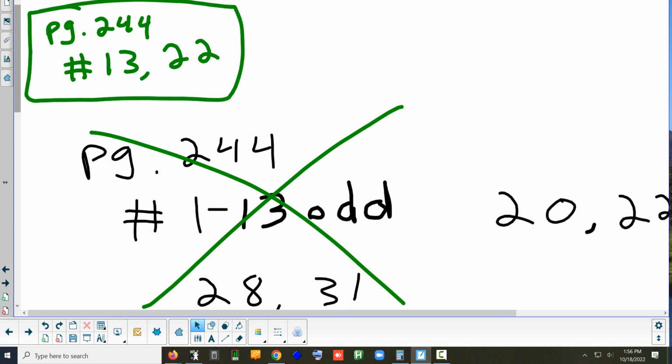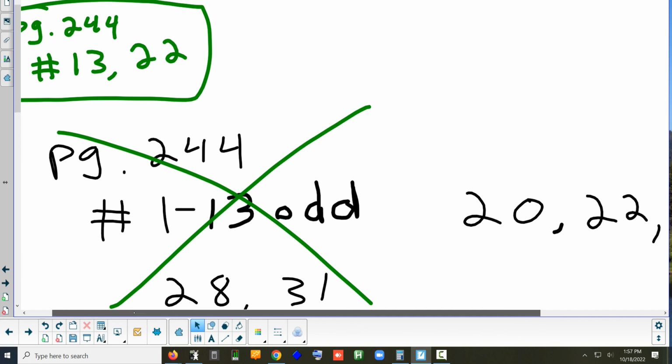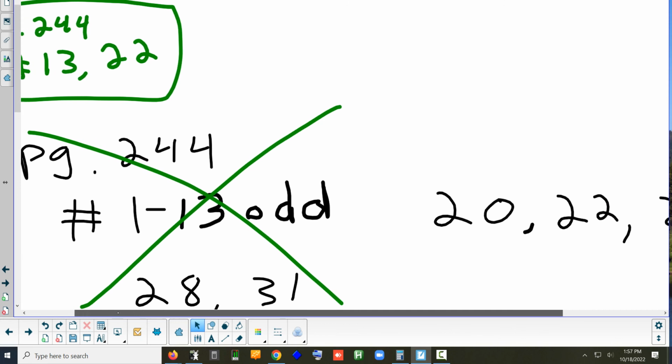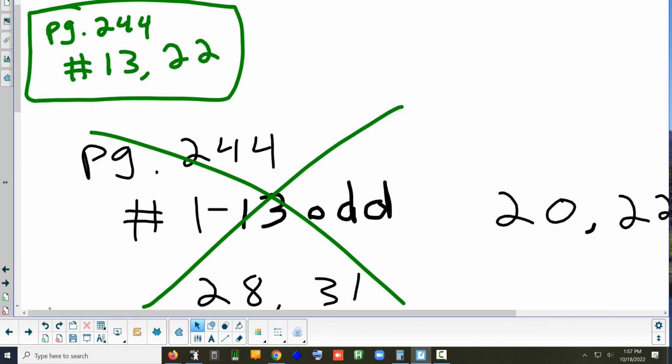Okay, so that's the first part of tonight's homework. Make sure you write those two down. Page 244. 13 and 22. It's 2 of the problems I got rid of yesterday. Okay. Does everybody have part 1?